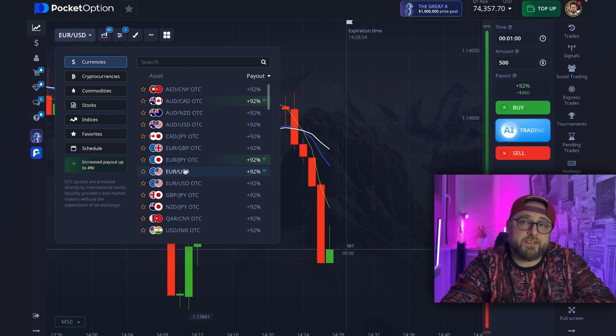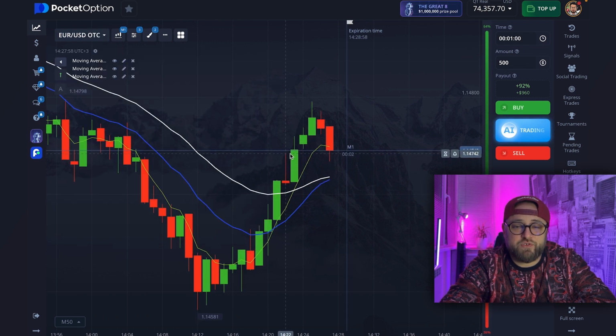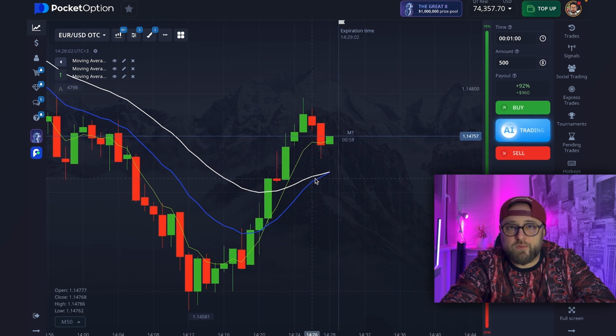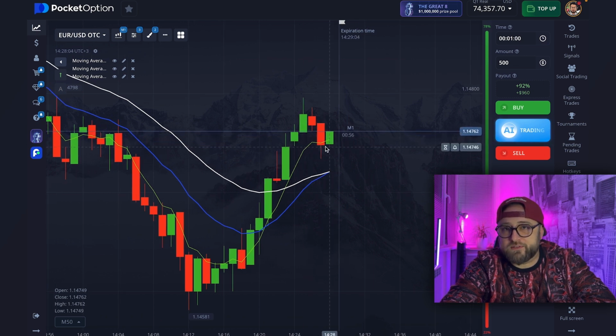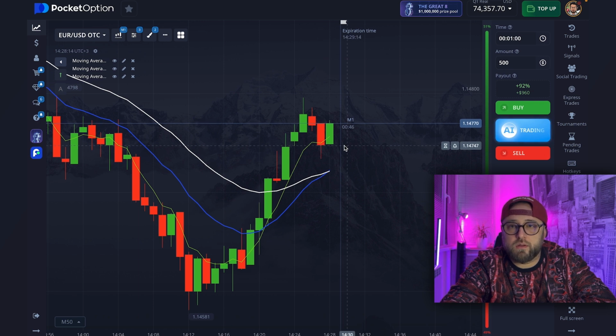But if this second candle will be green, no, I'm not sure about this. And this pattern, I want to show you something more clear. This one also not. Yeah, it looks good. It looks good.